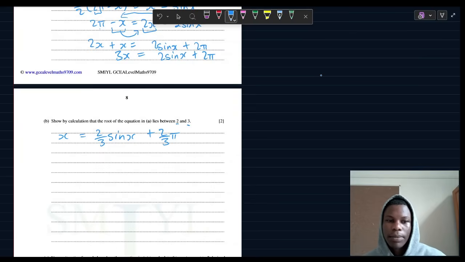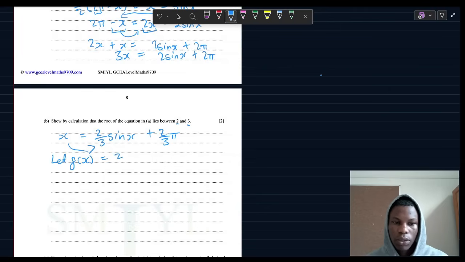So for us to be able to verify this, we're going to move everything on one side. So I'll just move the x to the right hand side, and then we'll call this function f of x. So we can say let f of x equal 2 over 3 sine x plus 2 over 3 pi minus x.